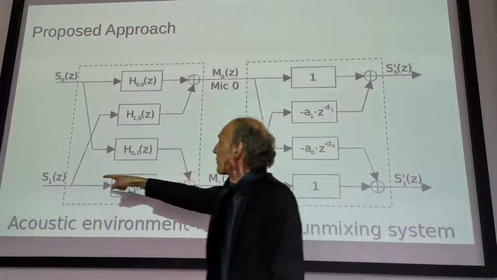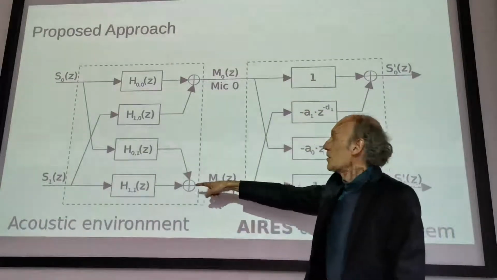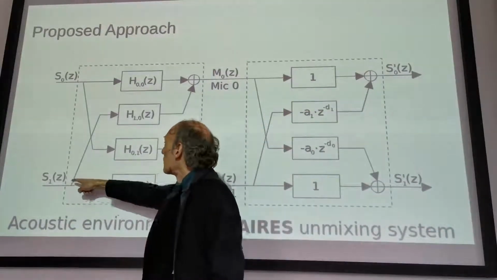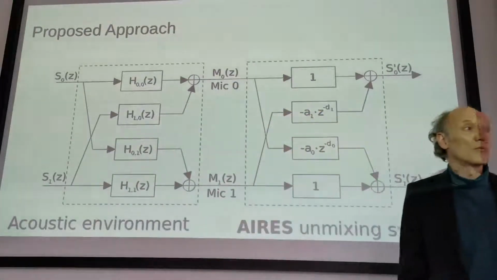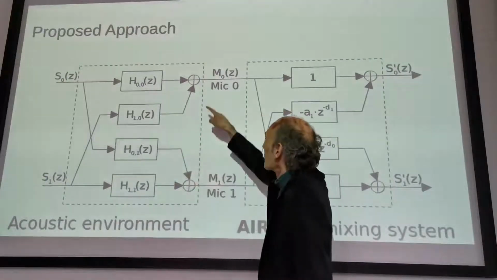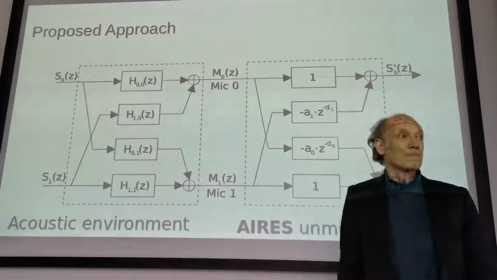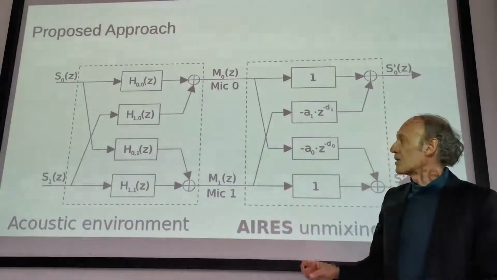And you can see you have crosstalk. So there's a direct sound from speaker 1 to microphone 1, but there's also this crosstalk from speaker 1 to microphone 0 in this case. And the same for the other side. So in this way we get mixed signals in both microphones.